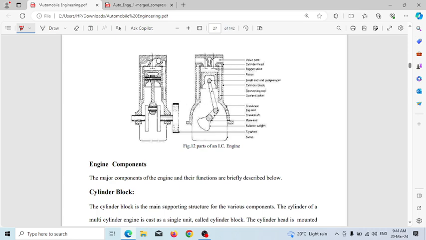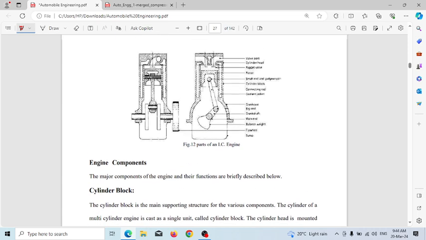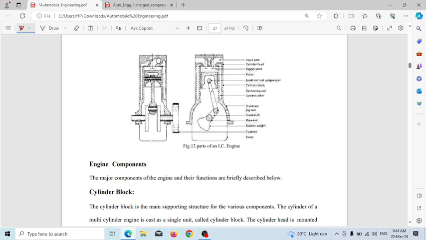This is the layout of an IC engine. This is the piston, which can move from this position to this position. This is called bore.